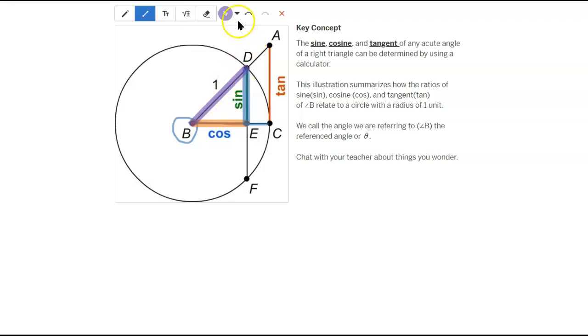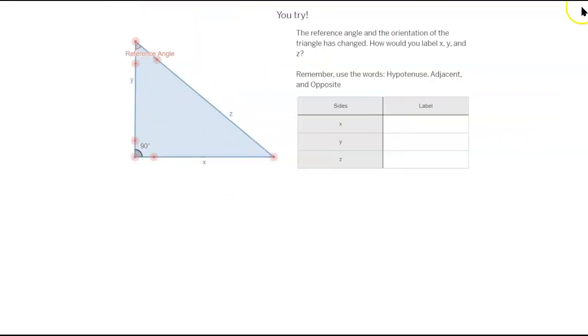That's our hypotenuse. And then this is our tangent line. Our referenced angle is known as theta. Let's go ahead and label these. So here's our referenced angle. We've gone ahead and marked that as our referenced angle.